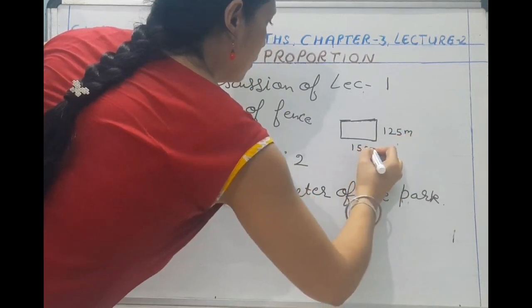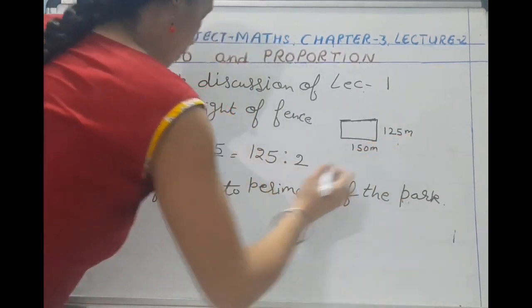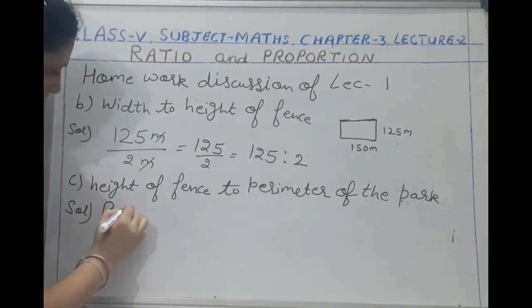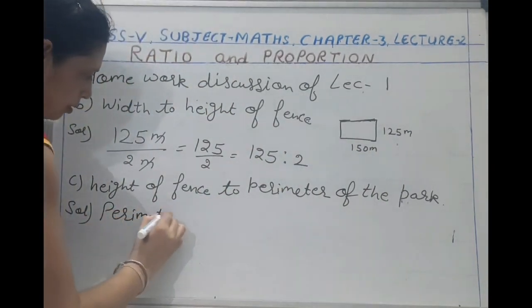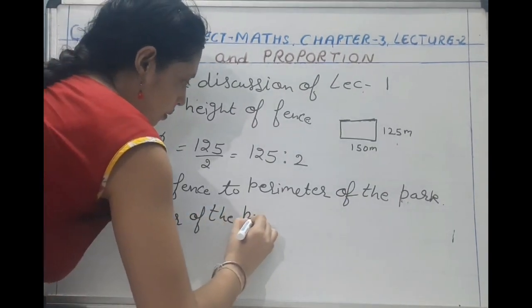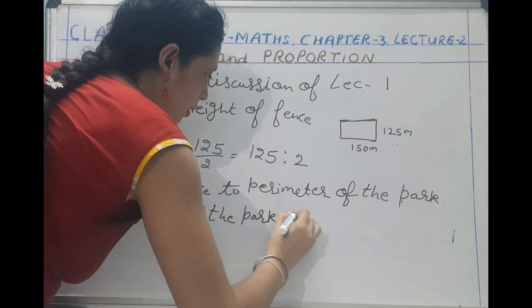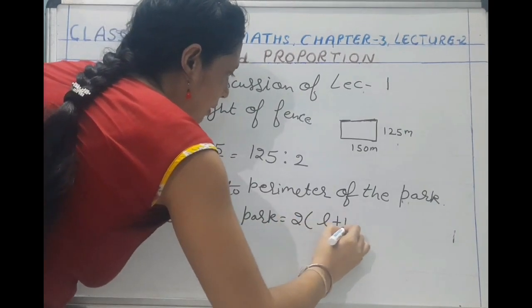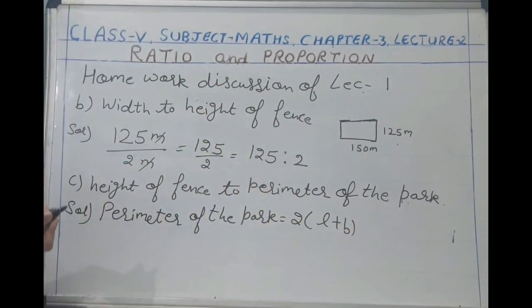So perimeter of the park is equal to 2 bracket length plus breadth. This is the perimeter. Perimeter is sum of distance covered around it, na?